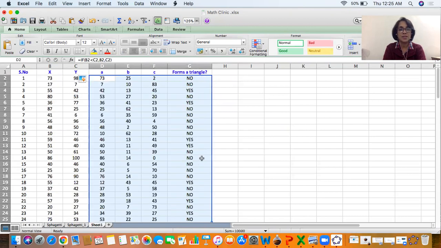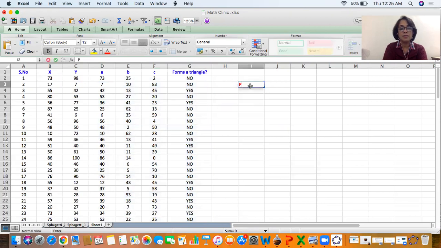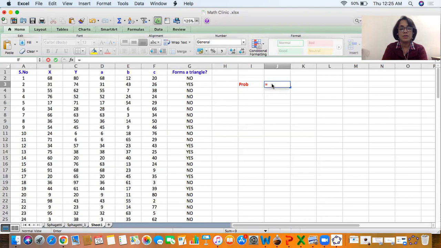So I get a lot of yeses and nos, and my actual empirical probability will be, I need to count. So I use the COUNTIF command.